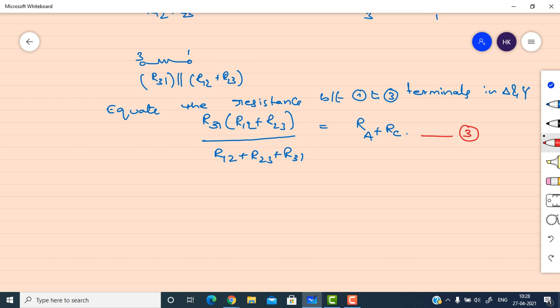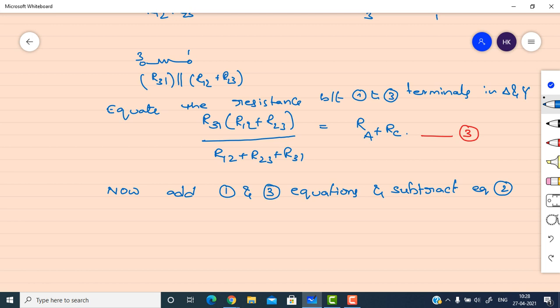So for that, what I will do is add equations 1 and 3 and subtract equation 2. On the right hand side, the third equation is RA plus RC.